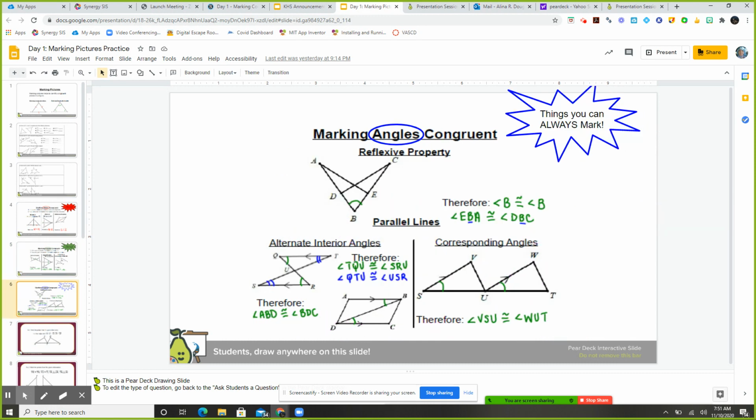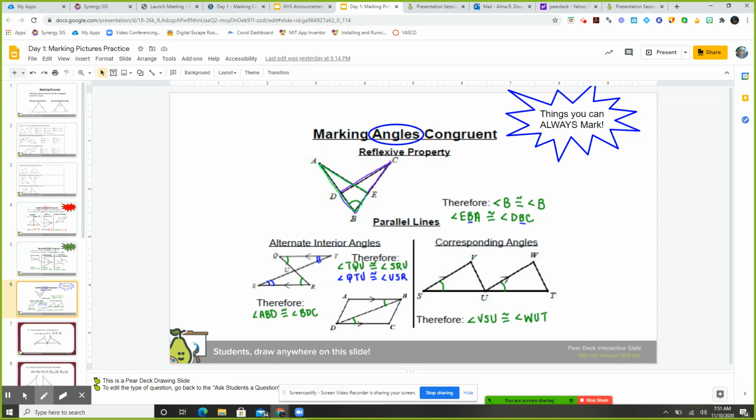Maybe on slide 6. There are just a couple more things that we can always mark. And these are the hardest ones to see. I've got a blue triangle over here, CDB. Okay, do you see it? And then underneath it, I've got a green triangle, ABE.